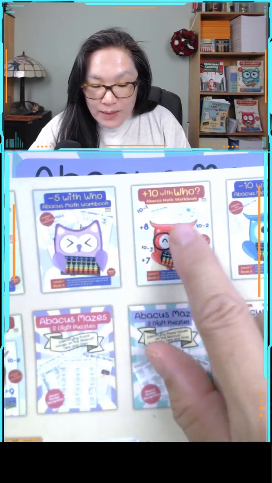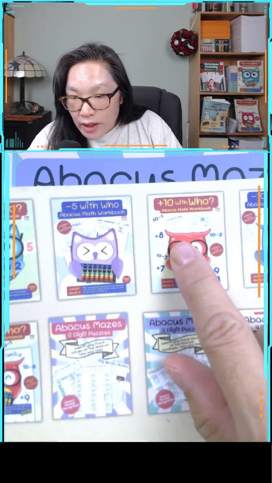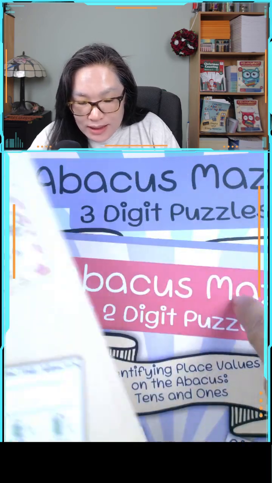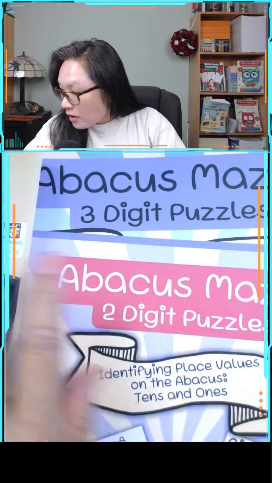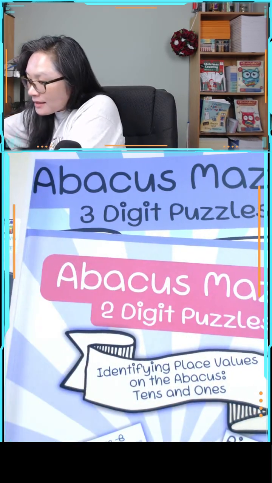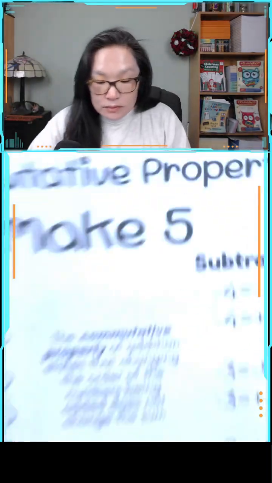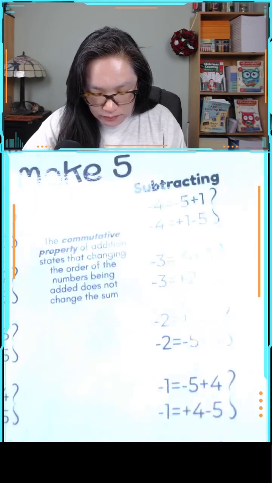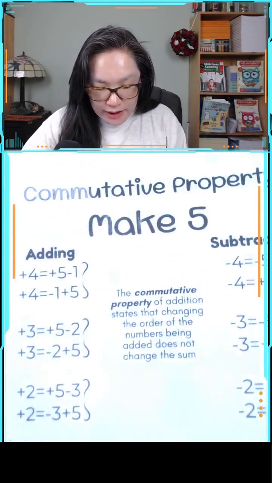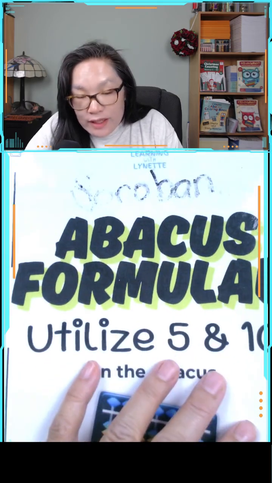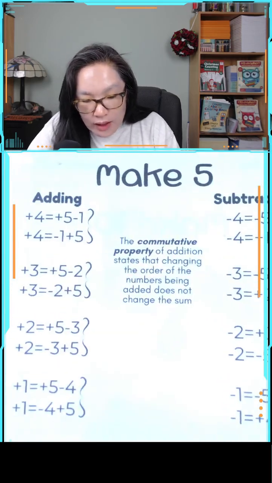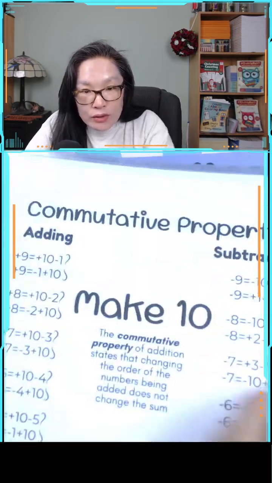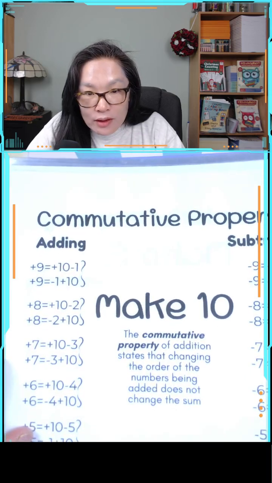Make a 10 means carrying and borrowing. That's what plus the 10 and minus the 10 is, and that's included in the bundle. Also included in the bundle is a dry erase book that I've created, where you get a summary of how to make a 10, and then a summary on how to, my foot's starting to go numb.